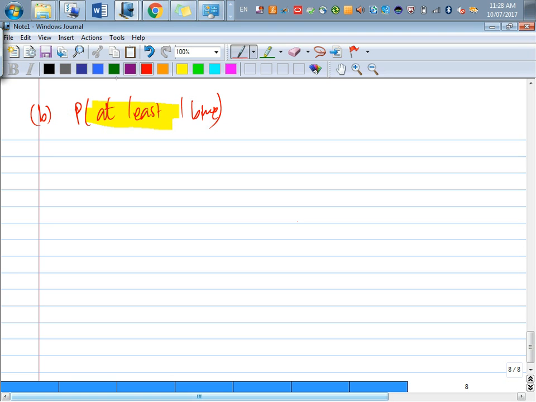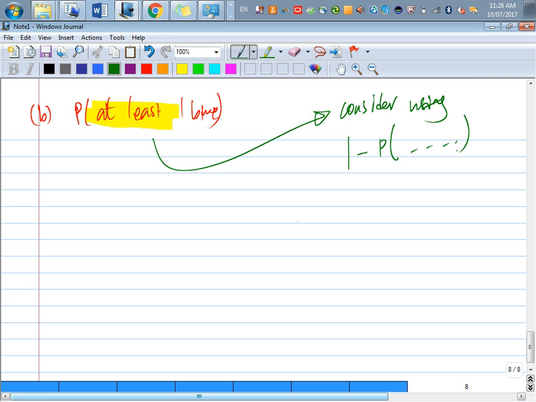Consider using 1 minus probability of something. So when they say probability at least one blue, consider 1 minus probability no blue. Otherwise, you have to list out many cases. So this is a one-step kind of working. So probability of at least one blue will be equals to 1 minus probability no blue.